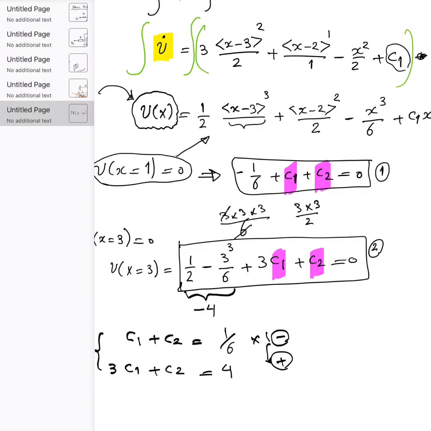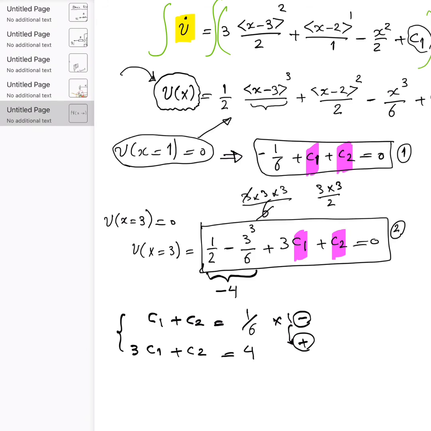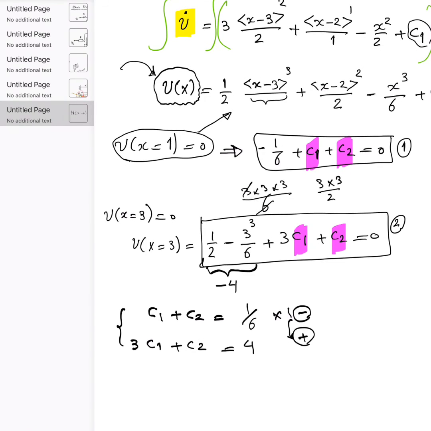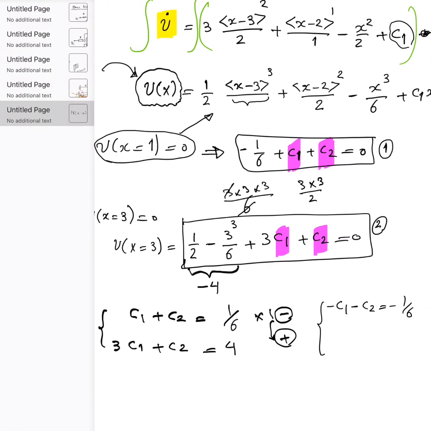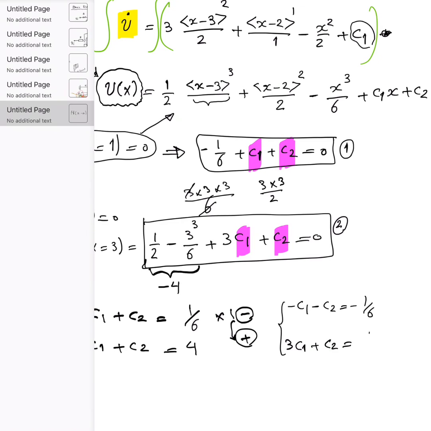If you do that, let's multiply the first equation by negative 1. So the first equation becomes negative C1 minus C2 is equal to negative 1 over 6, and then the second equation is untouched: 3C1 plus C2 is equal to 4. Now add them together. You get 3C1 minus C1, 2C1.